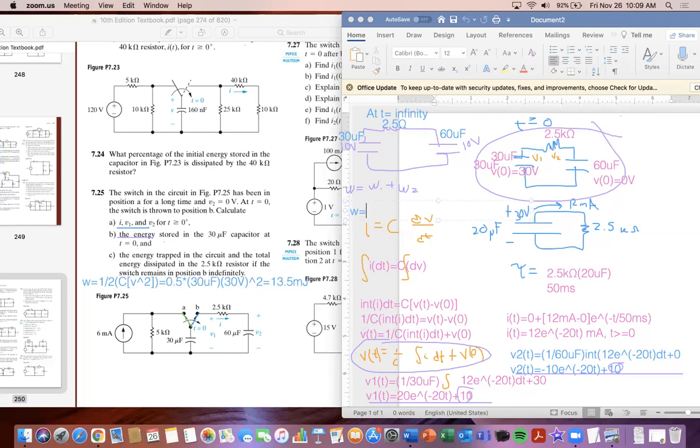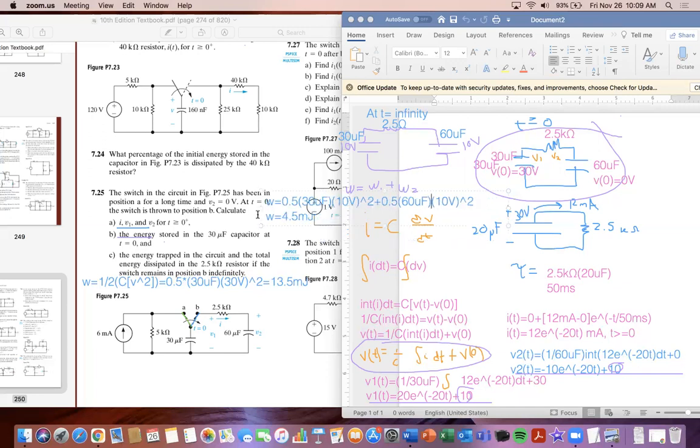The total work is equal to 1/2 CV squared, so 0.5 times 30 microfarads times the voltage at time infinity squared, plus the other one, 0.5 times the capacitance value of 60 microfarads times the voltage across it, squared. When I calculated that, I got 4.5 millijoules. That's trapped in the circuit.